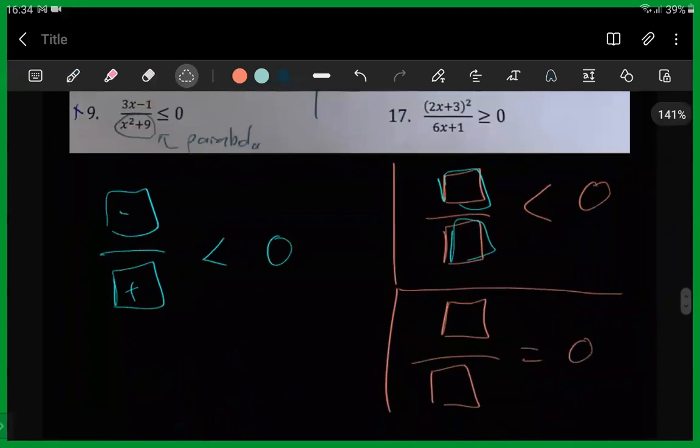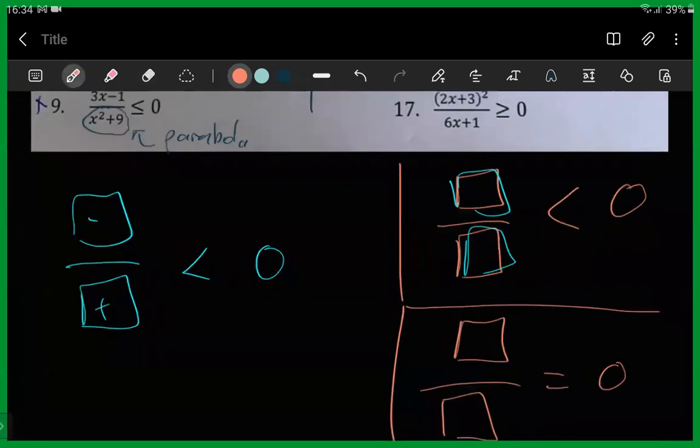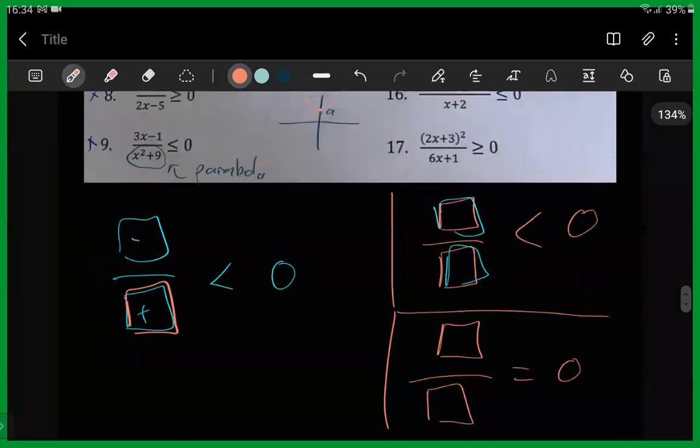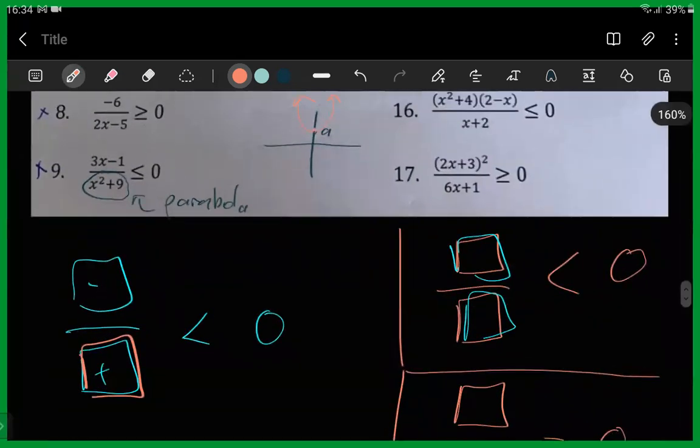We want to work out where the top is going to be a negative and the bottom is going to be a plus. The bottom is going to be a plus for all values of x. So that makes things a bit easier, because since this is always a plus, we don't have to worry about it too much. We just have to work out where the top part is a negative.